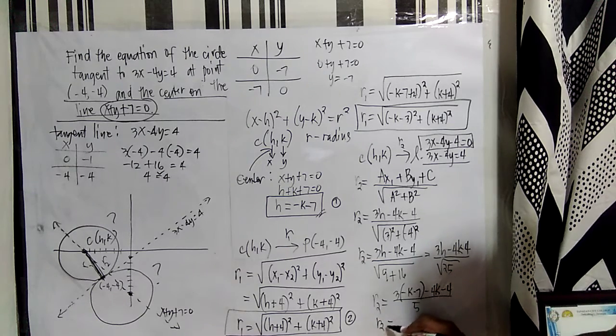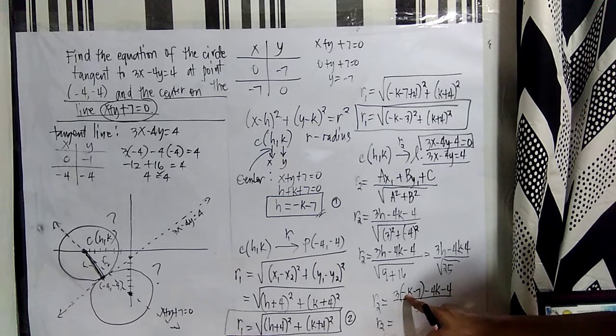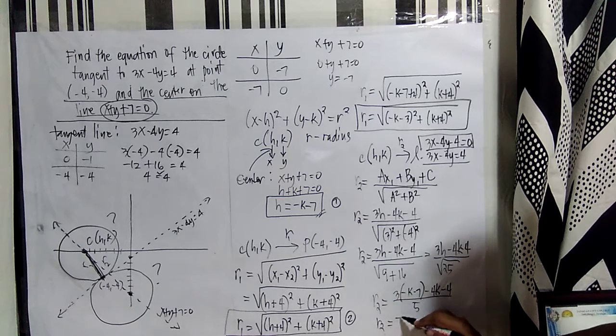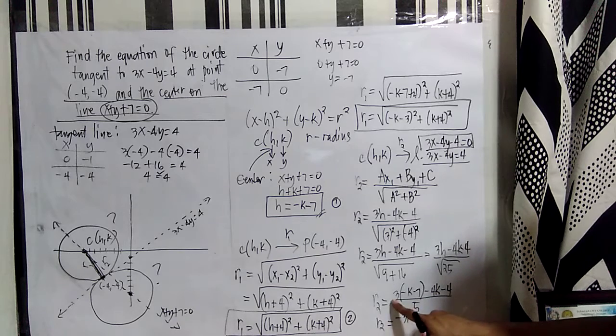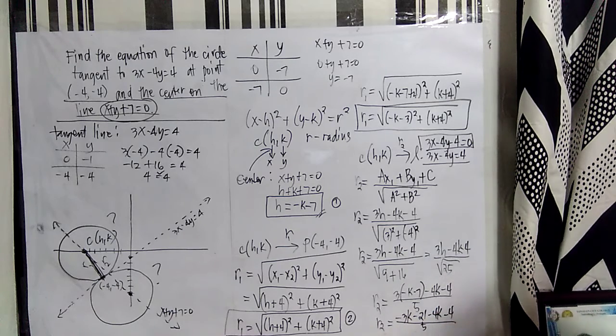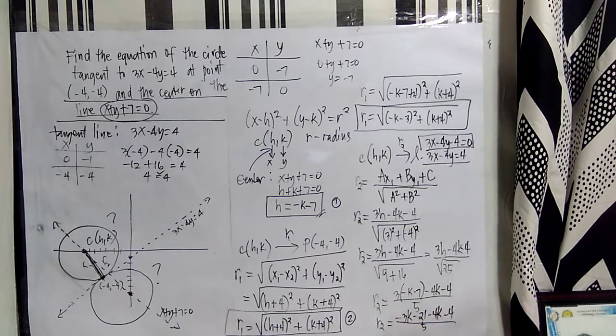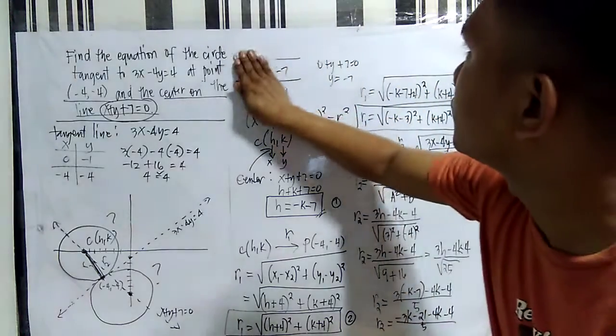So ano ngayon ang ating r sub 2? R sub 2 is negative 3 times negative k, negative 3k. 3 times negative 7, negative 21, minus 4k, minus 4 all over 5. Okay, next. Let us solve for r sub 2.